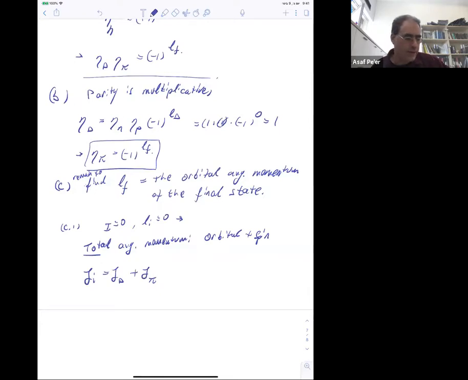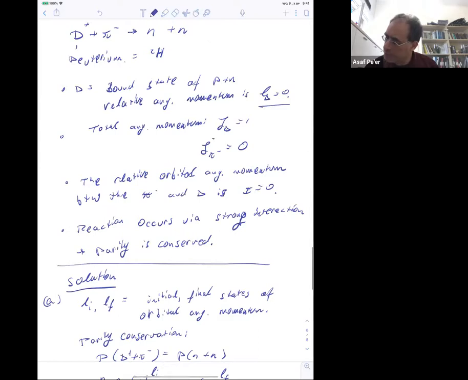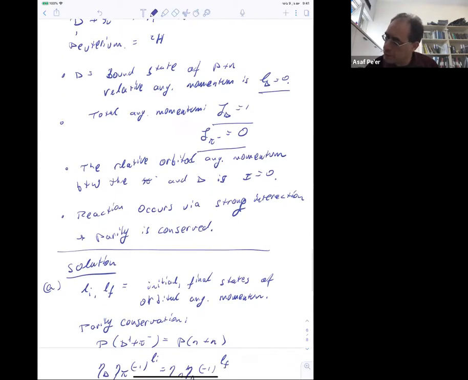The spin is, let's say, 1. Did I not say that? Actually, I did say that. Okay, J_D is equal to 1, J pion is 0, and the relative angular momentum between them is also 0.